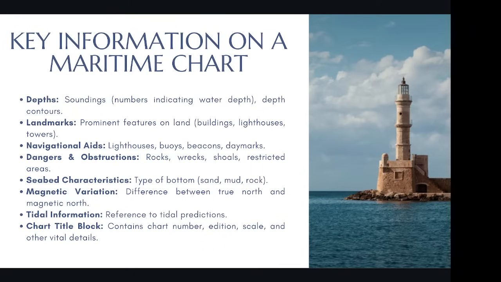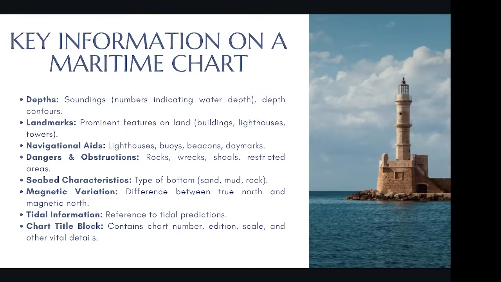So we have here some points to remember about the maritime charts. First is the depth. Depth is about the soundings or the numbers indicating the water depth. We also have here the landmarks.